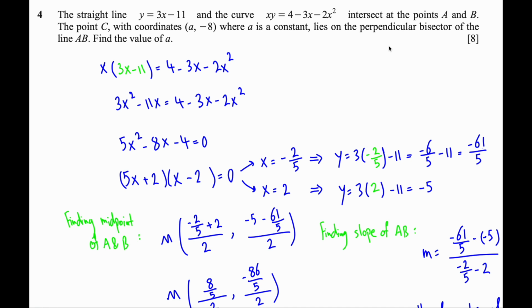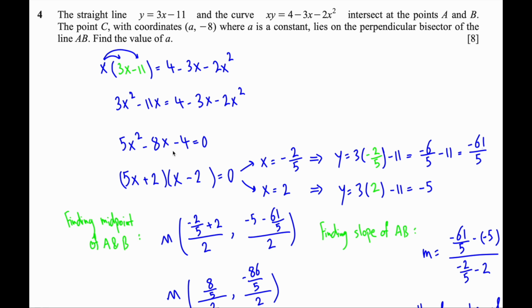So first things first, I want to find out the coordinates of points A and B. In order to do that, you just need to replace all the y's in this curve by 3x minus 11. And after expanding this bracket, you get 3x squared minus 11x equals 4 minus 3x minus 2x squared.